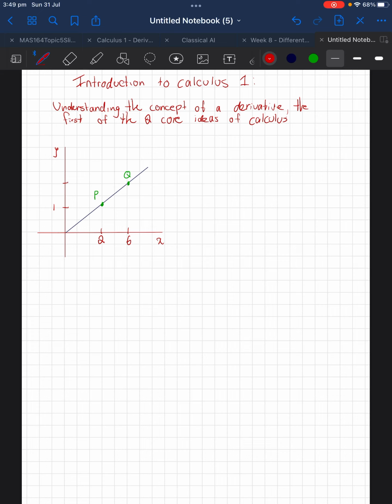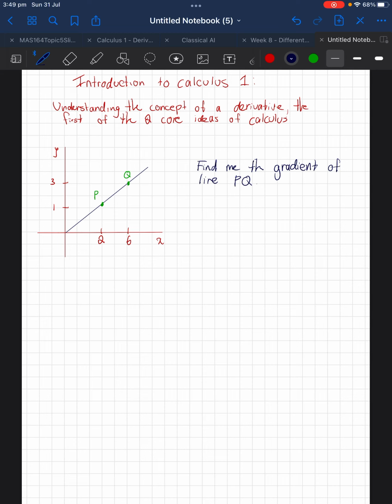Let's call that 3. Now, a teacher would have asked you something like, here's a set of axes, here are 2 points on a line, and here are the coordinates of those 2 points. And she would have said, or he, find me the gradient of line PQ.